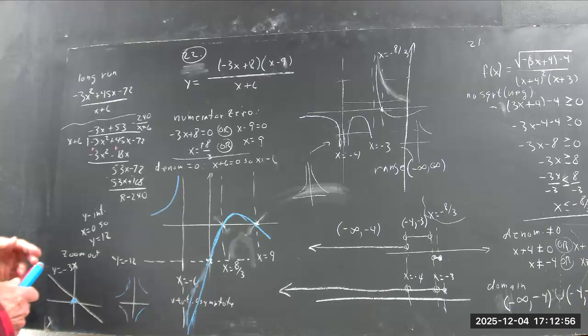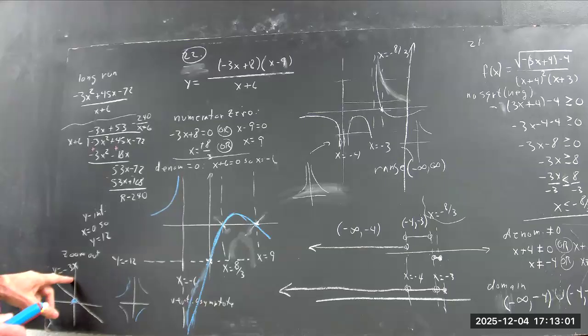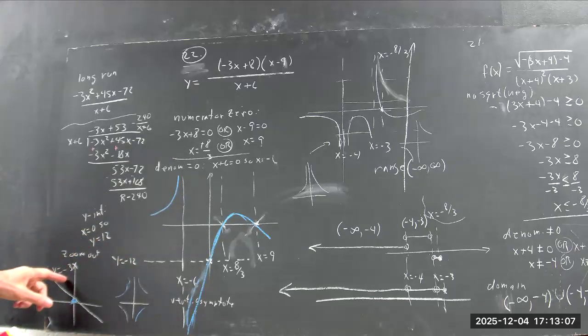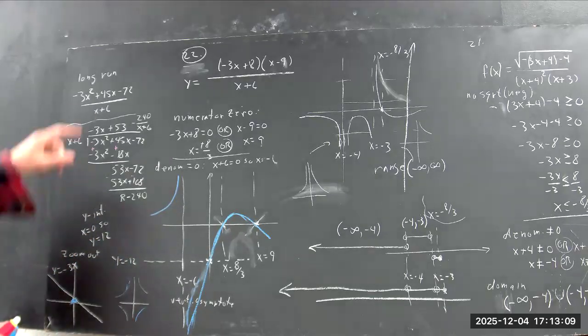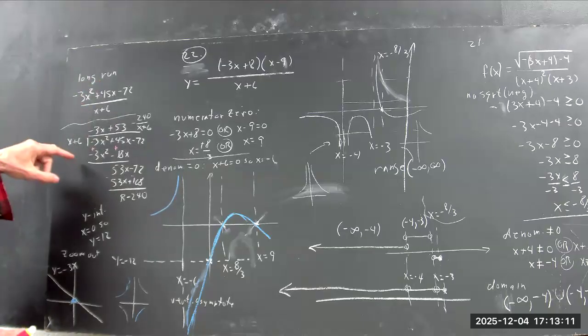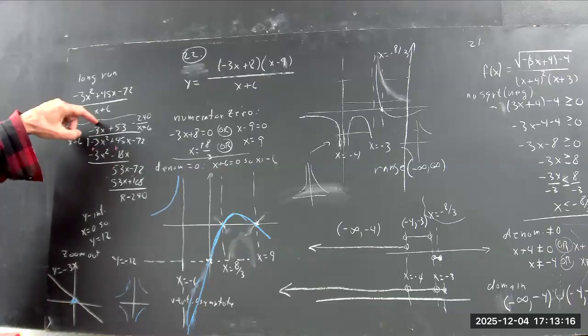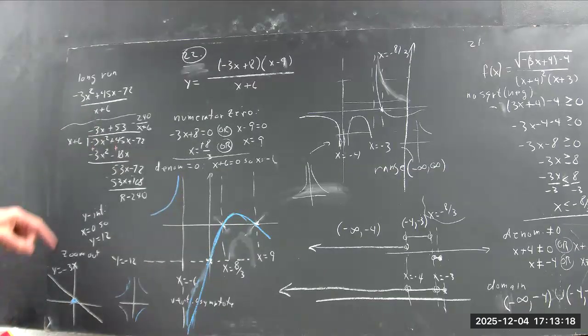The other thing though is that negative 3x is a linear function. If you have a linear function, you get a slant asymptote. So to get the equation of the slant asymptote, we've got to actually divide this into this. So we do a long division. X goes into negative 3x squared negative 3x.